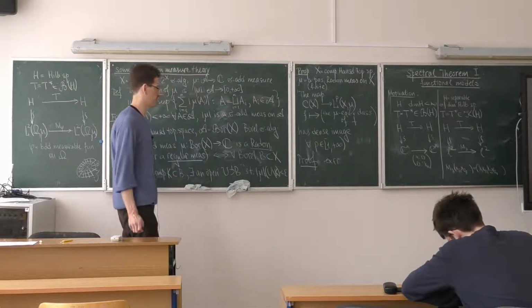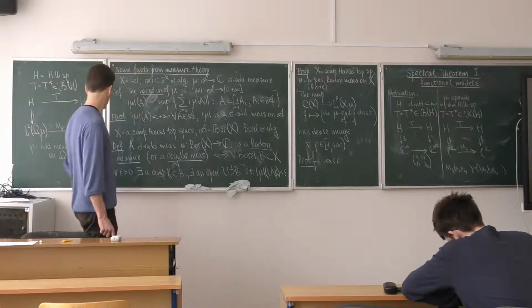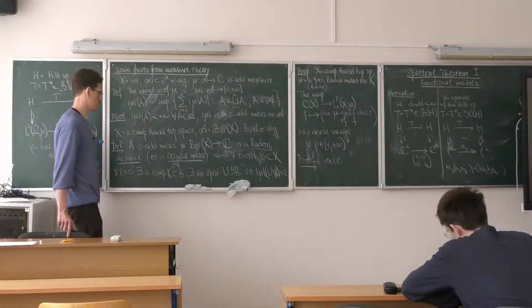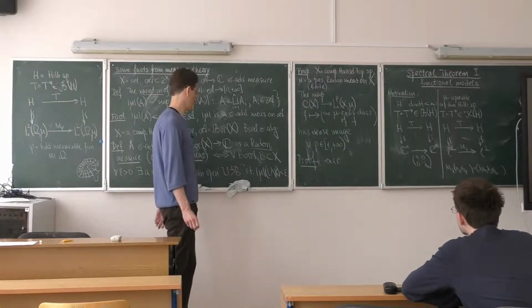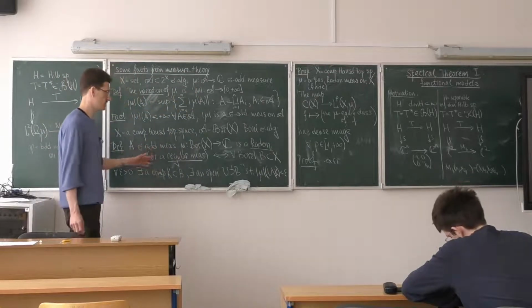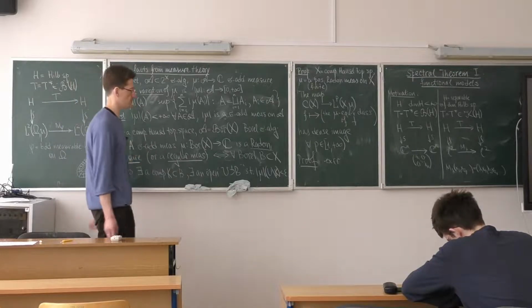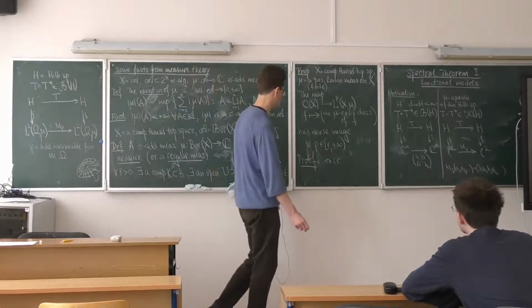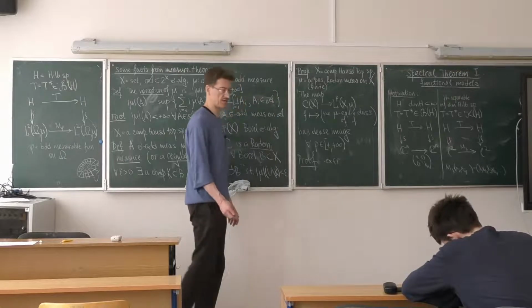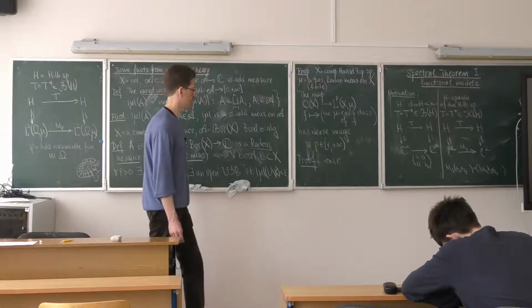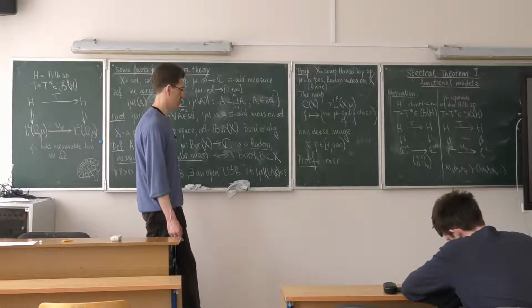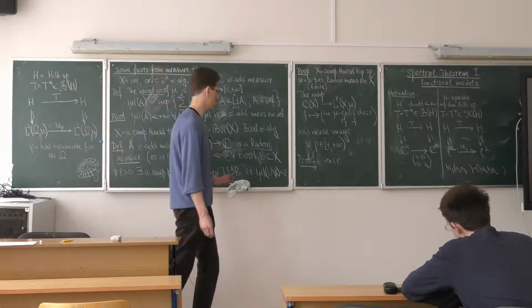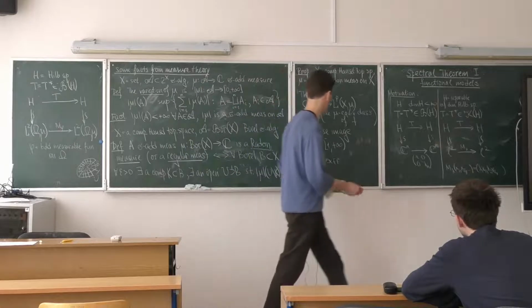Actually, this is a simple combination of Urysohn's lemma with the definition of a Radon measure. Since mu is a Radon measure, it's easy to see that it suffices to show that characteristic functions of compact sets belong to the closure of the image. And this fact can easily be deduced from Urysohn's lemma.